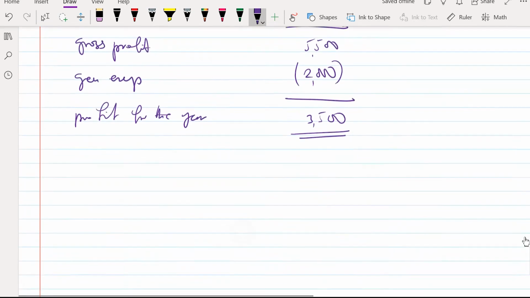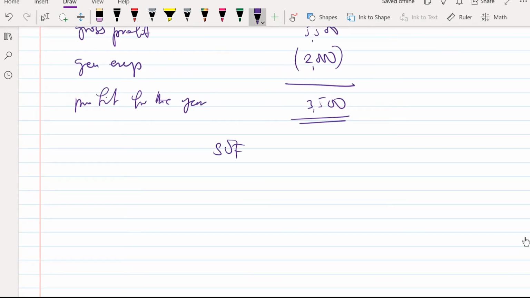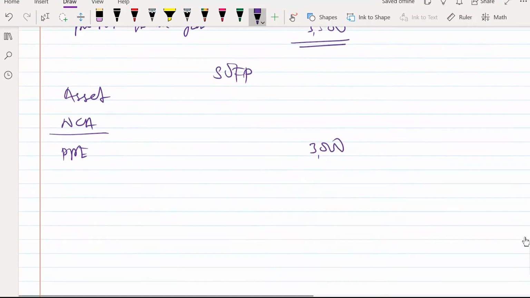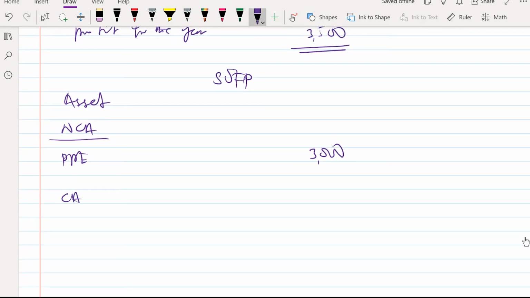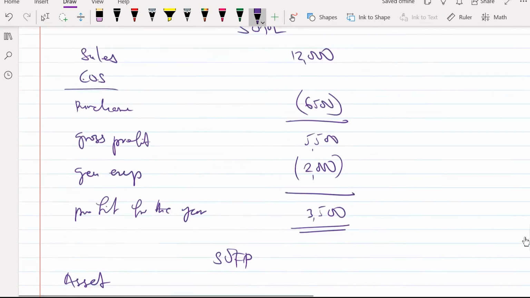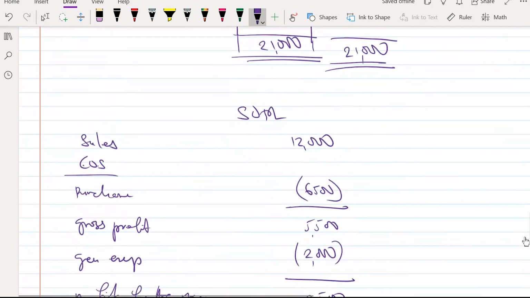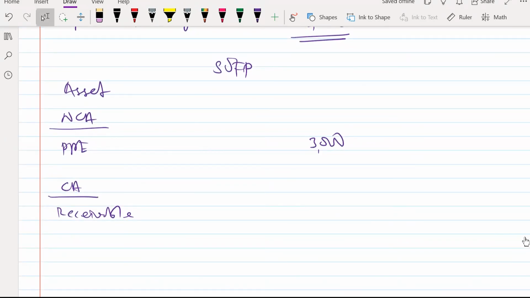And that's that for the profit or loss. The statement of financial position, we have the assets, we have the non-current assets, and we have PPE, because without any depreciation, it remains 3,000. Then we have the current assets, and we have receivable, and the receivable figure in the trial balance is 5,000.